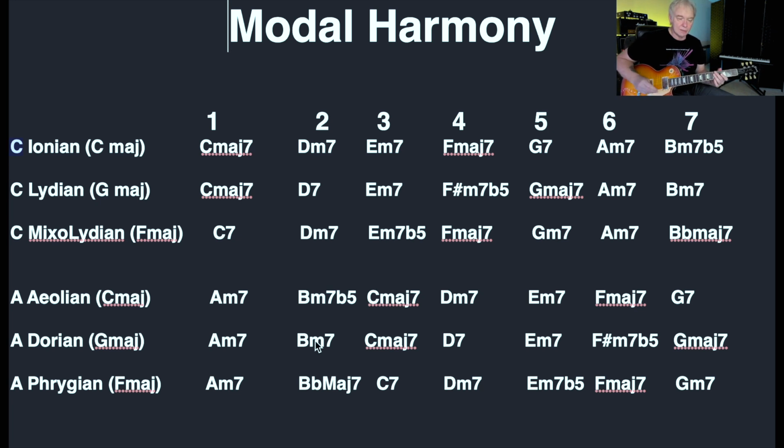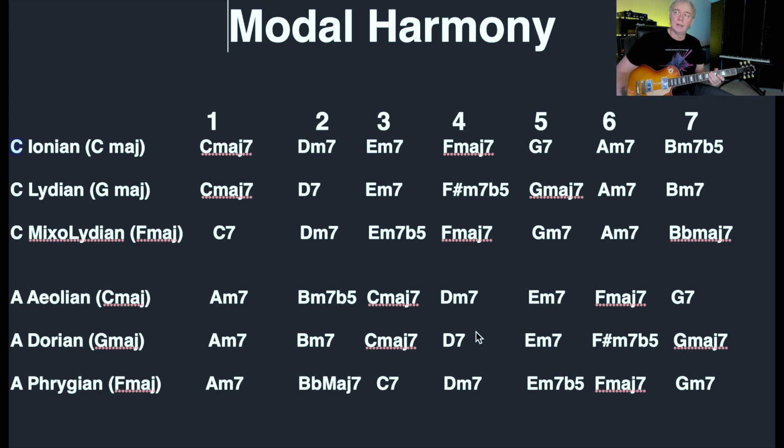It might go from A minor just up a whole step to B minor. Something like that. But I think the more common one is this 4 chord. You see, the 4 chord in A Aeolian or A minor is a minor chord, but in a Dorian sound it would be either a major or a dominant 7th chord. And you hear these chord progressions all over the place.